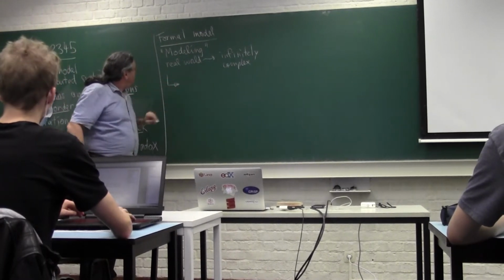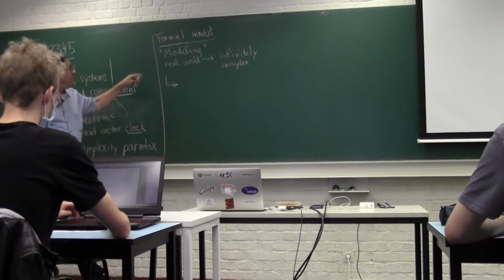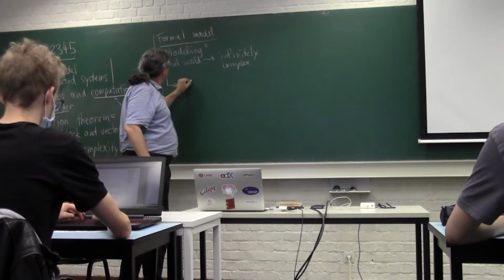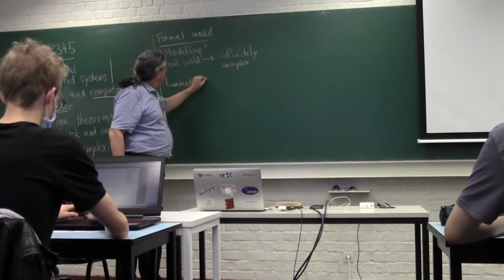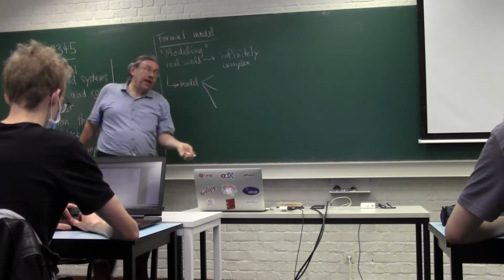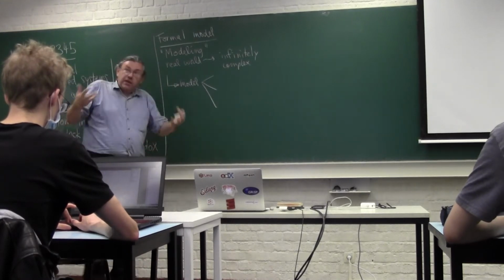So the way to solve that in science is to make a simplified version, which is called a model of the real world. The model has to be complicated enough so that we can actually use it.